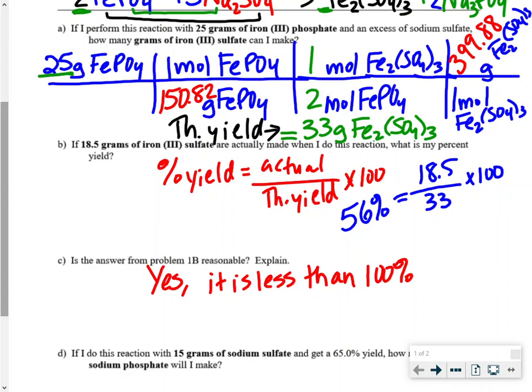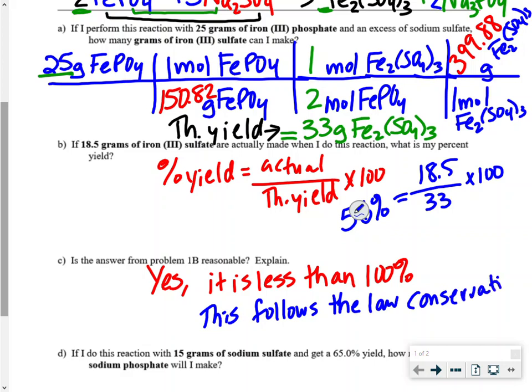Right? What if you got an answer that was over 100%? Impossible. Why would that be impossible? What are you doing if you're getting a yield over 100%? You would be creating matter, and you'd be violating the law of conservation of matter. So yes, this follows the law of conservation of matter.